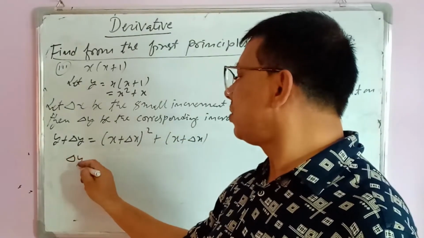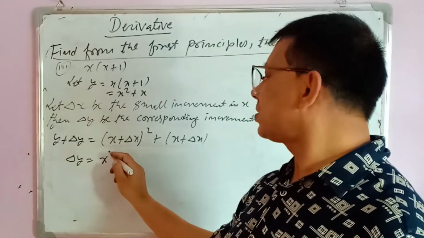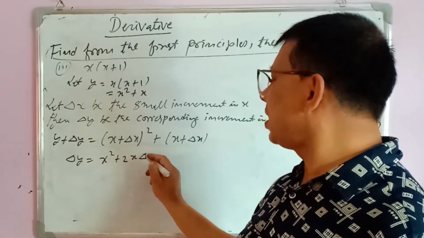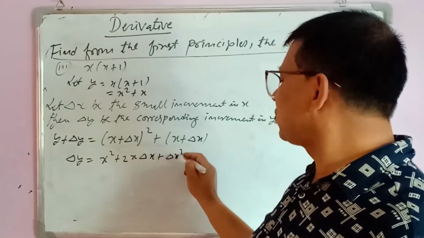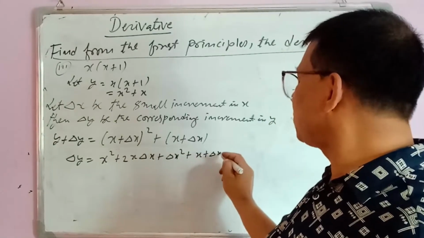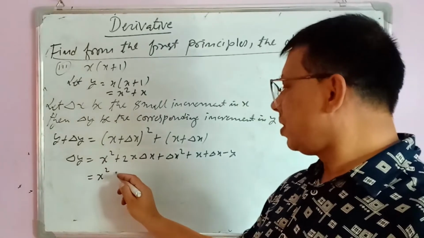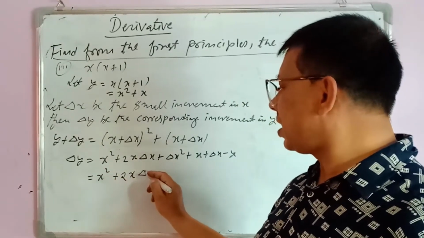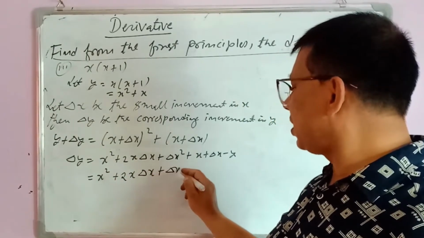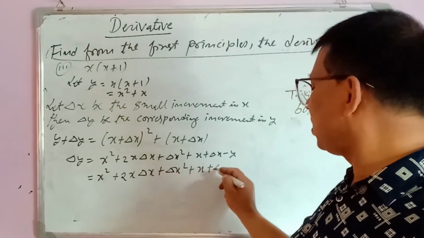Now open this formula: x square plus 2x delta x plus delta x square plus x plus delta x, minus y.